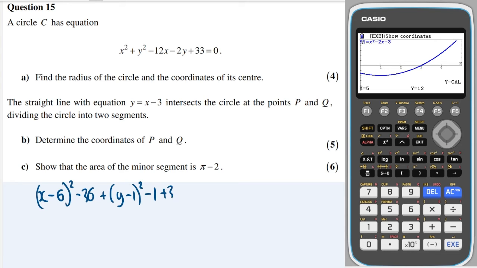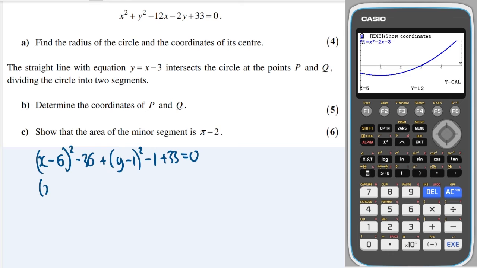And then plus 33 equals 0. So we'll get x minus 6 squared plus y minus 1 squared. And that's going to give you minus 4, so it equals 4. So therefore we get the centre is at 6, 1, and the radius is 2.